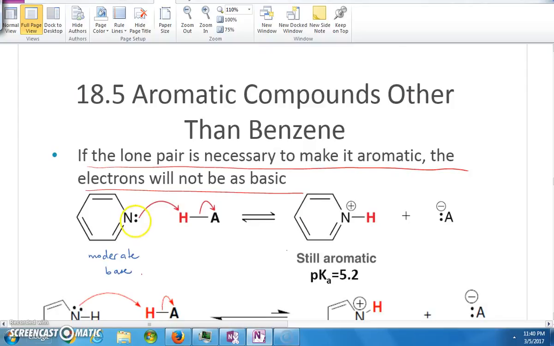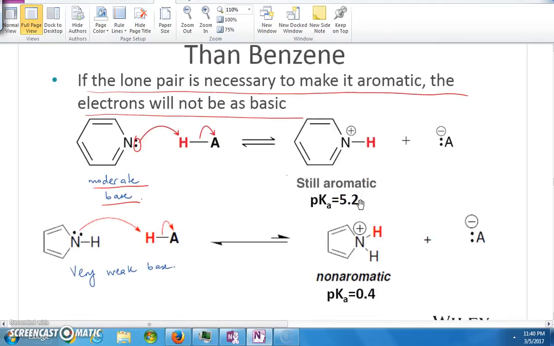But in this case, the lone pair is not necessary to make pyridine aromatic, and so pyridine is a moderate base. On the other hand, when you look at pyrrole, pyrrole is a very, very weak base.